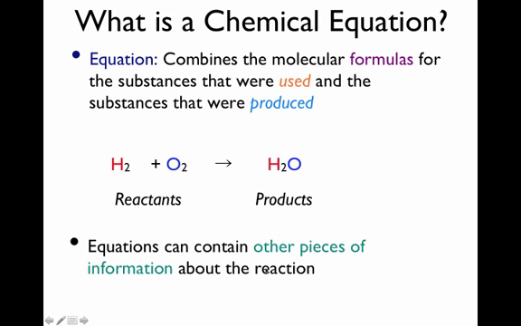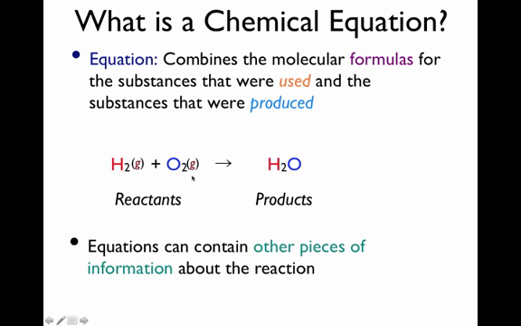Then the thing is, again, this isn't much different than what I showed you on the previous slide. However, these equations can contain other pieces of information that give you more detail about how the reaction took place. As an example, sometimes you will see parentheses (g) to the right of a formula. And I'm showing you parentheses (g) in front of both of the reactant molecules here.